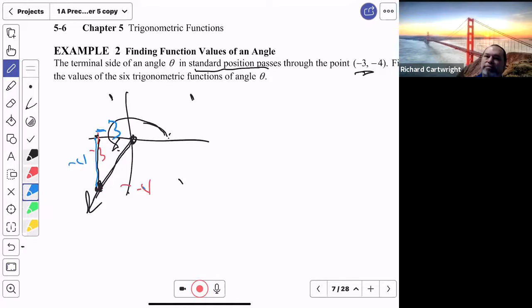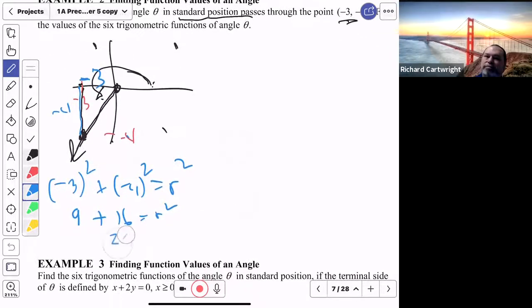So let's do the work. We know by Pythagorean Theorem that negative 3 squared plus a negative 4 squared has to be r squared. 9 plus 16 is r squared. 25 is r squared. R must be 5. Does it make sense that the hypotenuse will be a positive 5?